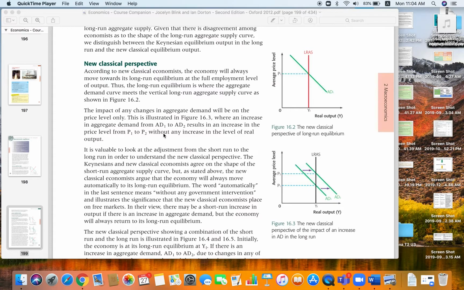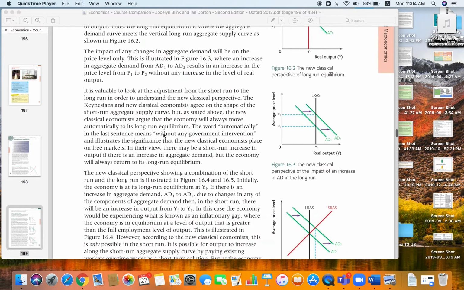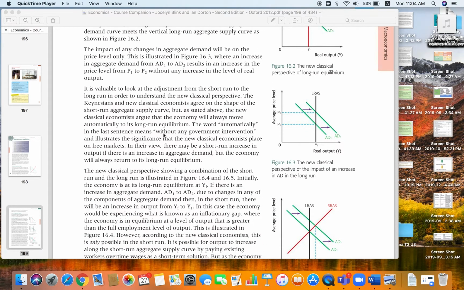So you can see in 16.3, if there's a shift, any reason for demand to shift, you're going to see that. Let's say, for example, something occurs that increases the demand of something. There would be a shift to the right, and look what happens to the price level.